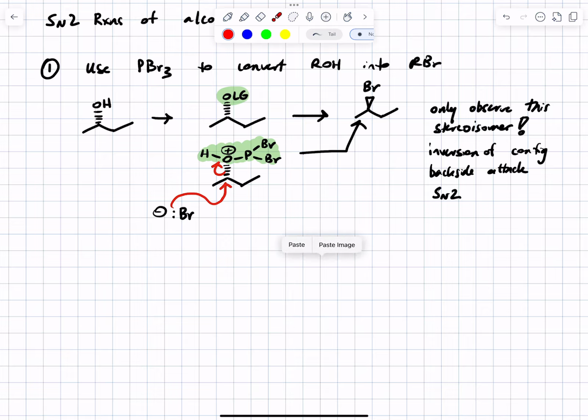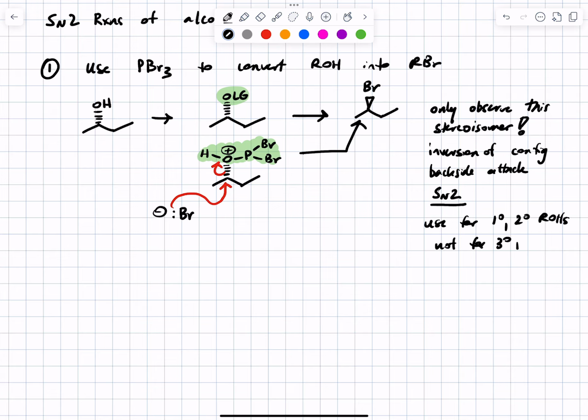This reagent works, and we're going to use it because the mechanism is SN2, for primary and secondary alcohols, but not for tertiary alcohols because, of course, sterics prevent the SN2 pathway for tertiary alcohols. If we want to do stuff with tertiary alcohols, we'll just use HBr. Okay? Yes?